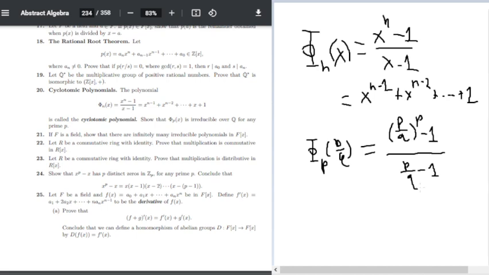So this is basically saying, another way to say it, that the only rational solution to x^p minus 1 is 1.